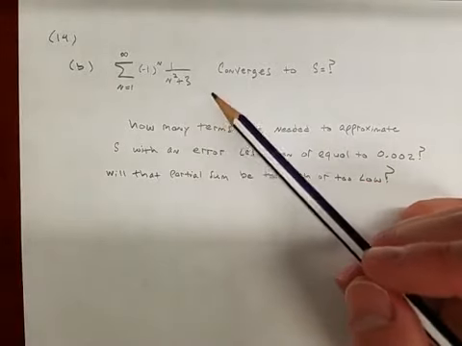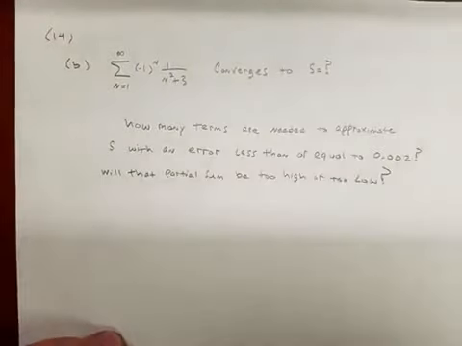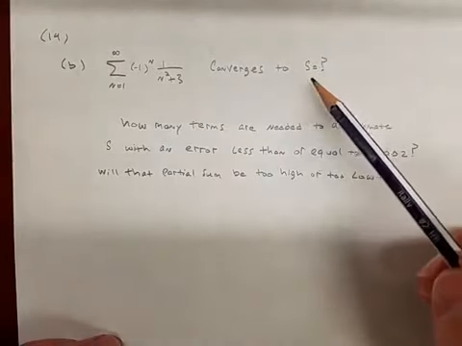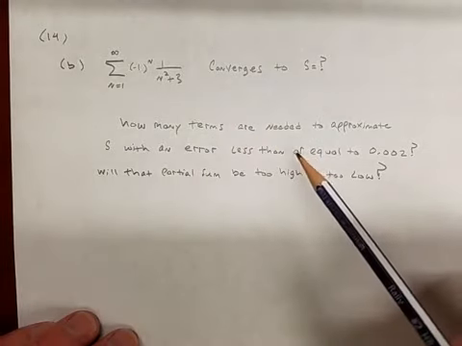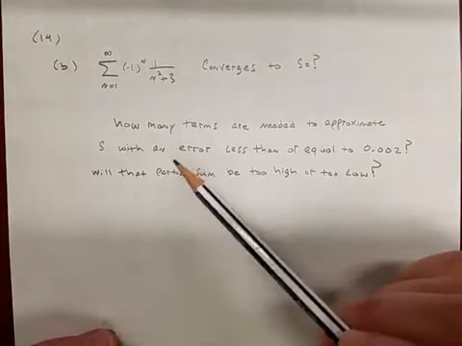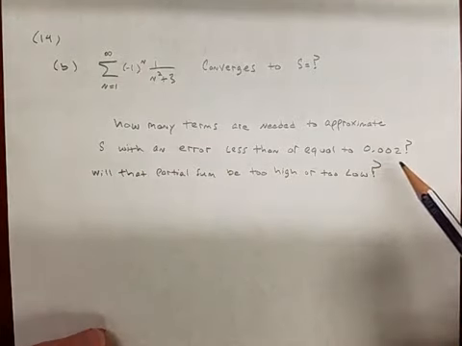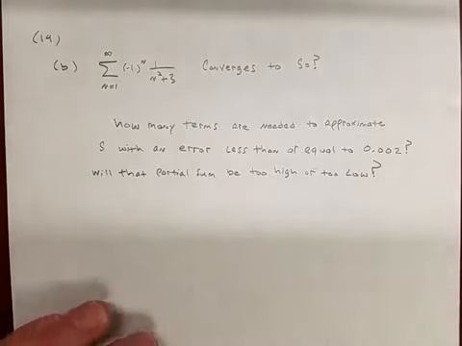It passes all 3 parts of the test. Okay, so I hope you can tell that it converges. But say it converges to something that you don't know. How many terms are needed as a partial sum to approximate the sum with an error less than or equal to 0.002? Will that partial sum be too high or too low?